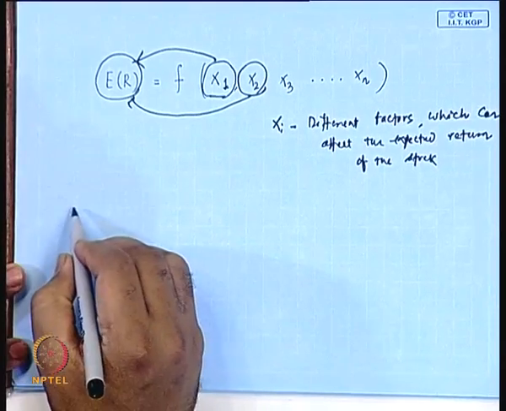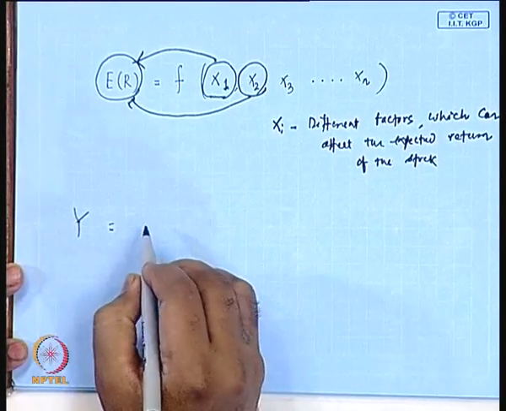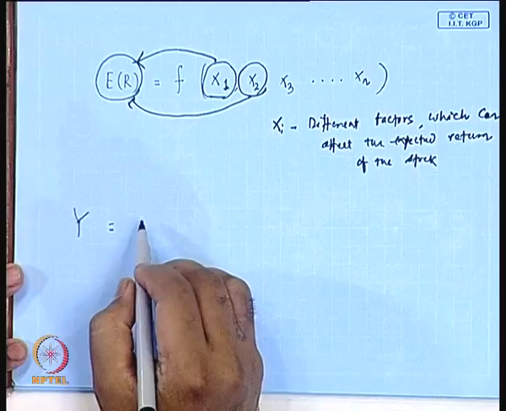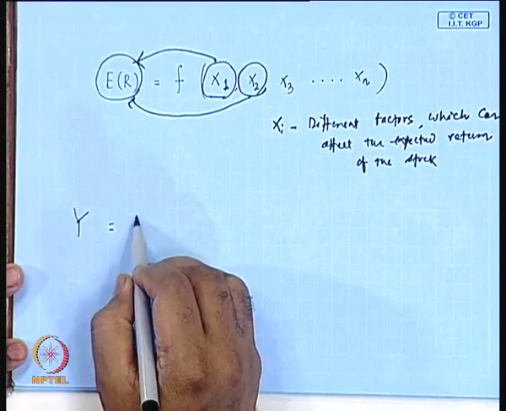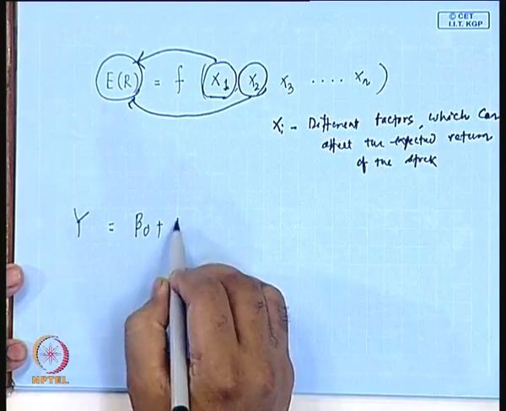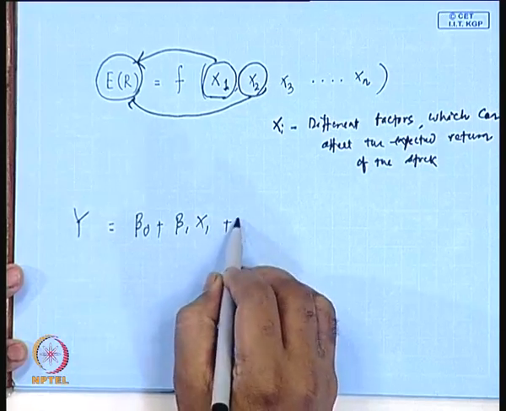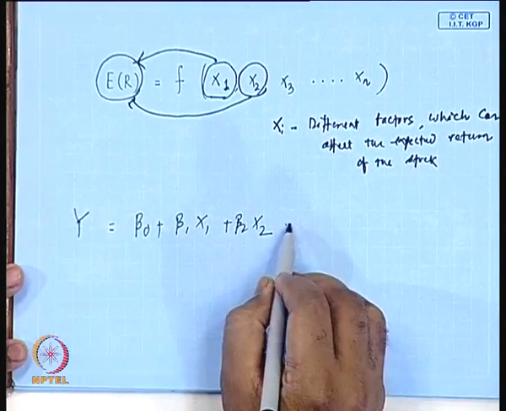That means their assumption is that all those factors which affect the stock return are confined to the macroeconomic factors. And they assume that y is equal to the stock return, the expected stock return, and this is basically beta 1 x 1 plus beta 2 x 2, like that.